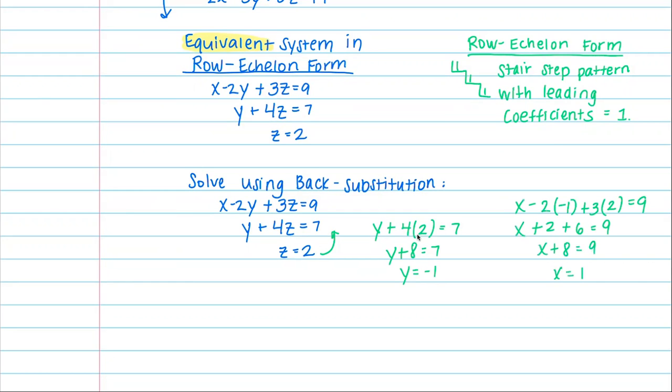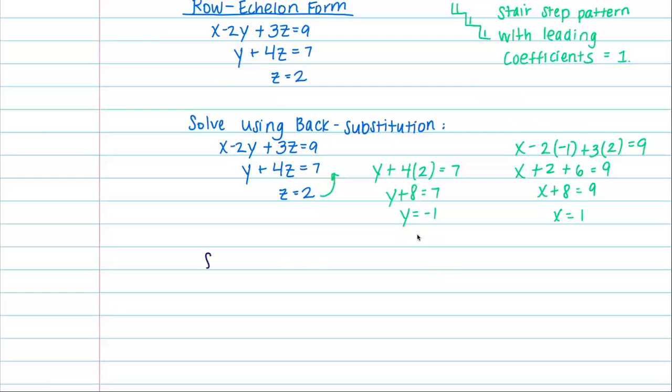So x equals 1. So for us to write our solution, if you remember, we use an ordered triple. So instead of an ordered pair that has 2, we use an ordered triple. And we would put that in alphabetical order. So X, Y, Z.